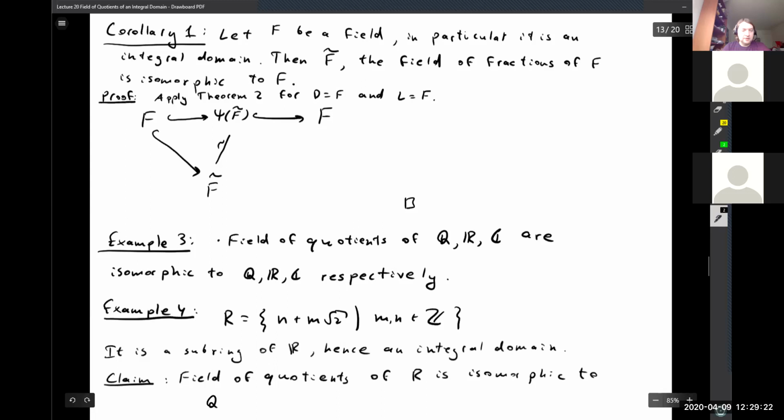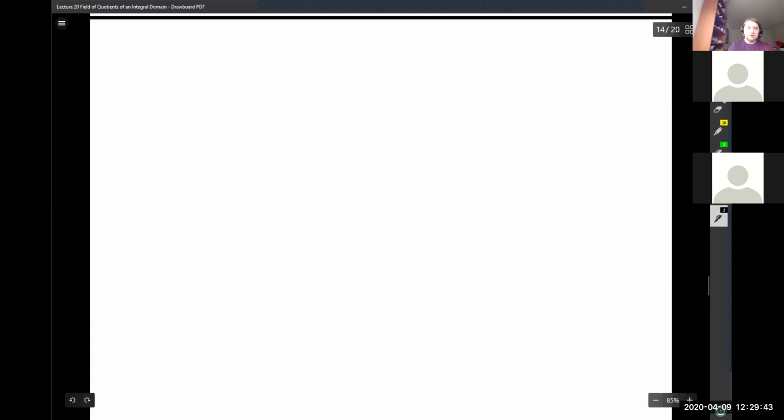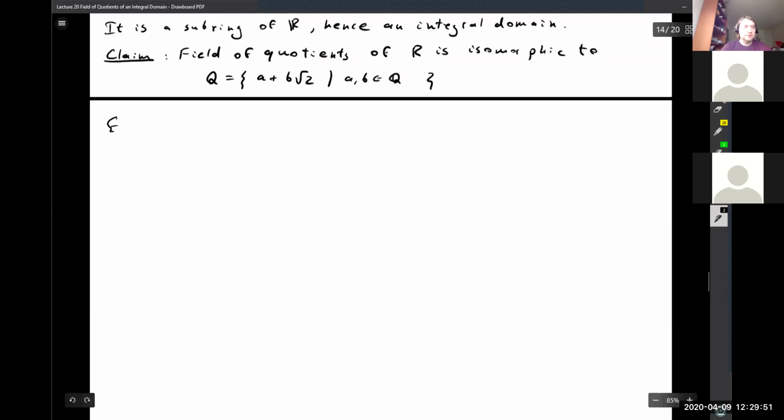It's isomorphic to a subring of reals, which consists of elements of the form a plus b square root 2, where a and b are both rational numbers. Now there is kind of a long proof, which I don't really have time for. That was example 4.